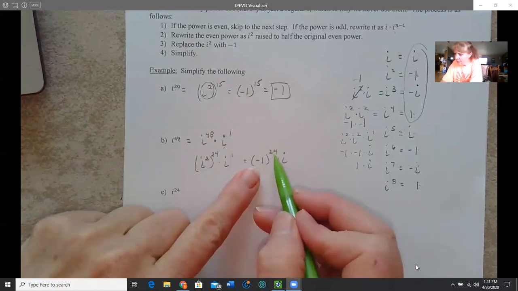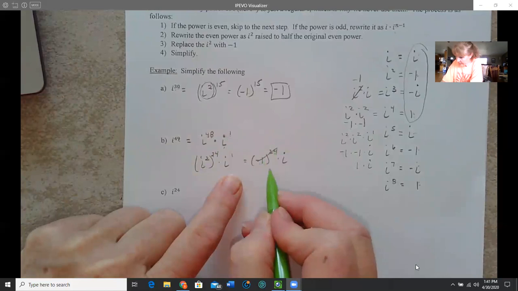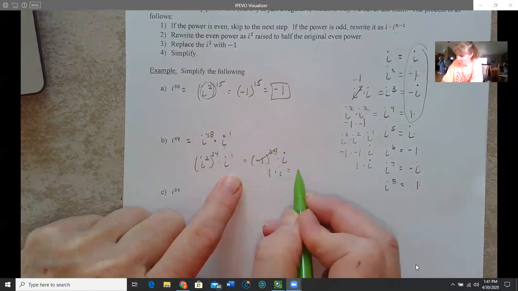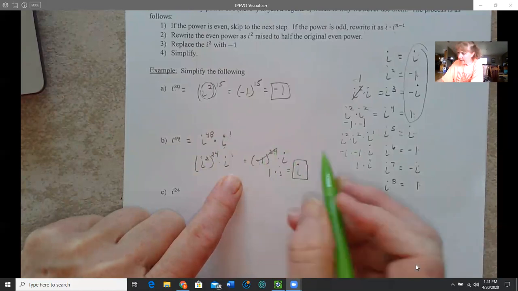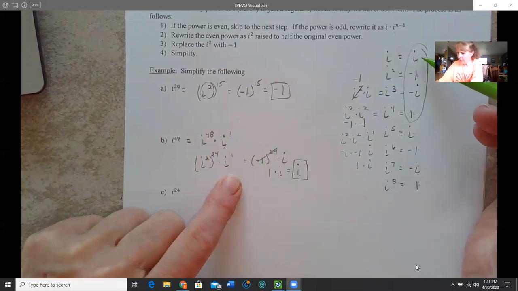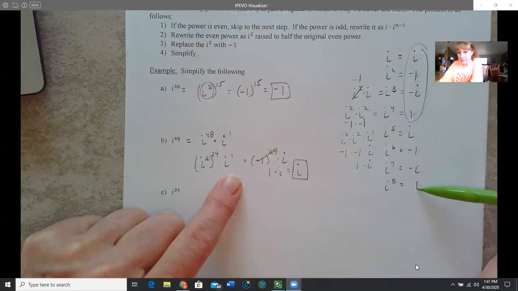A negative to an even means +1. Times i is 1i. Remember our answer was either going to be i, -1, -i, or 1. Those are our only 4 choices in all of these. Otherwise, it just repeats. So here we have a -1, and here we had an i.